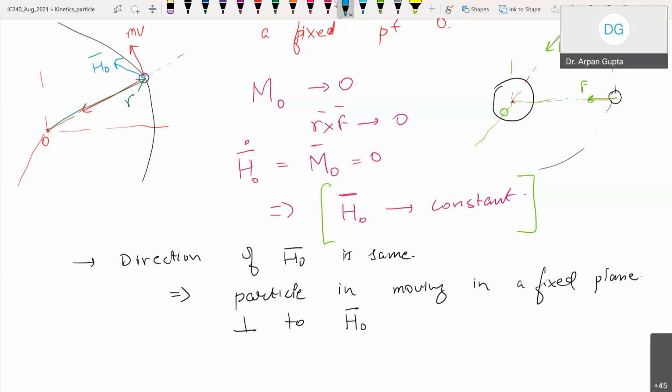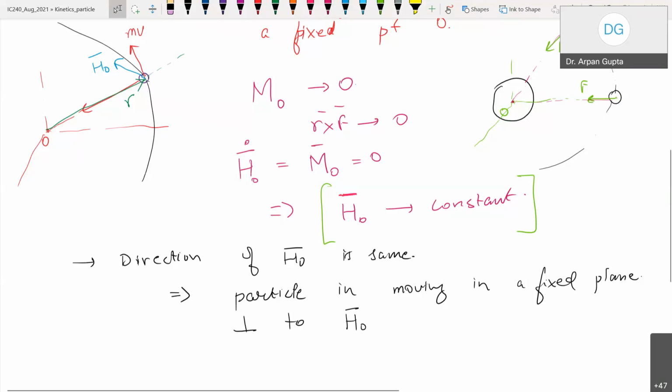So there is only central force acting here, so h naught vector is going to be constant. It means that this particle has to move in a plane. It cannot move out of the plane. Because the plane is the plane containing r vector and mv vector. So the particle will always move in a fixed plane only, and that is why all the orbits and so on, although they might be at an inclined plane, are in a fixed plane, right?